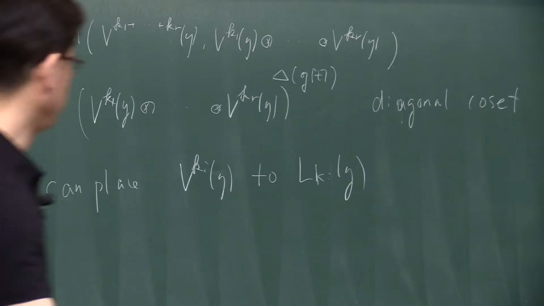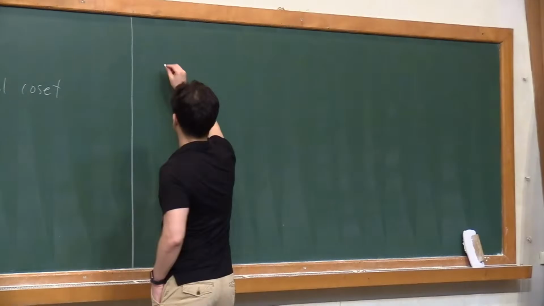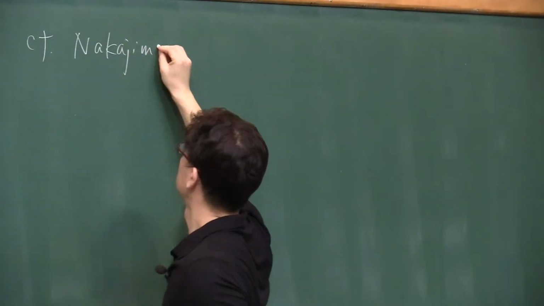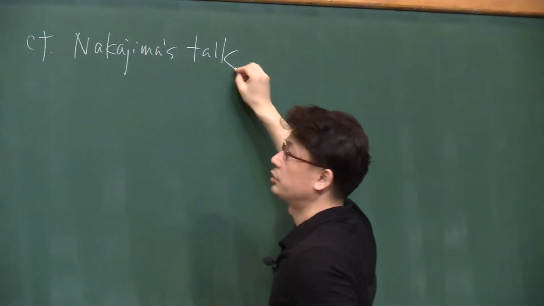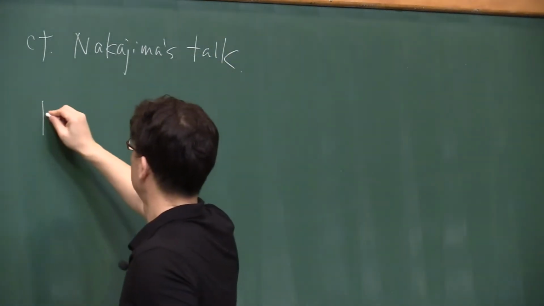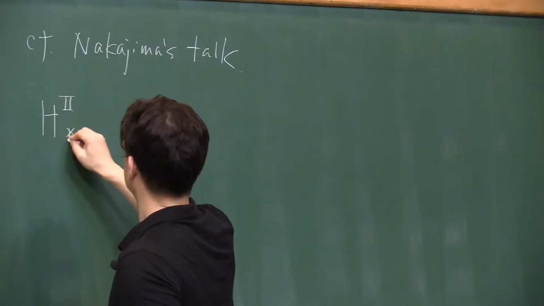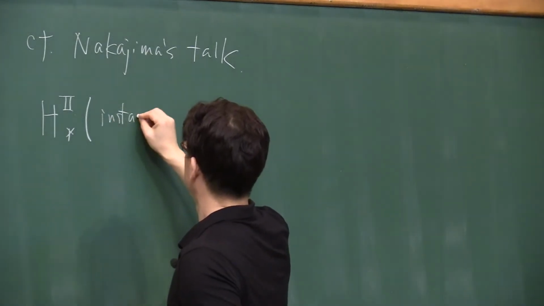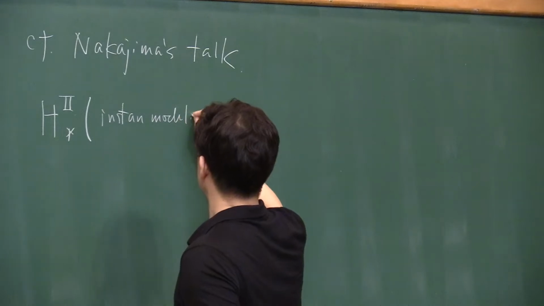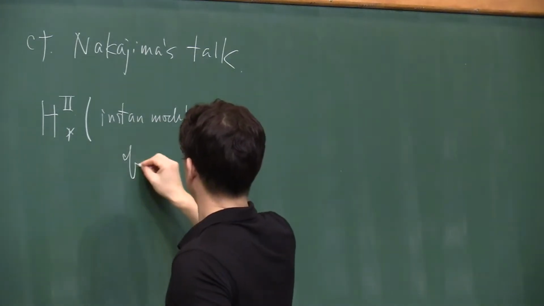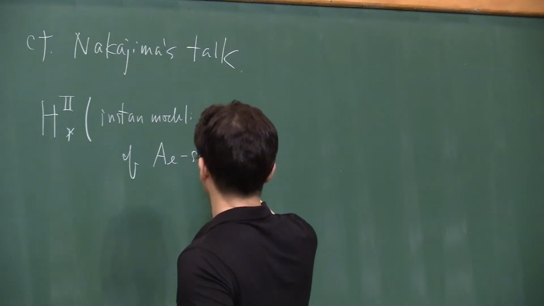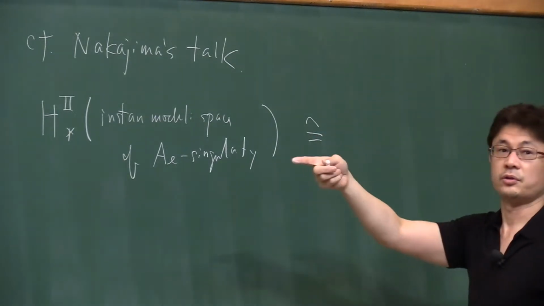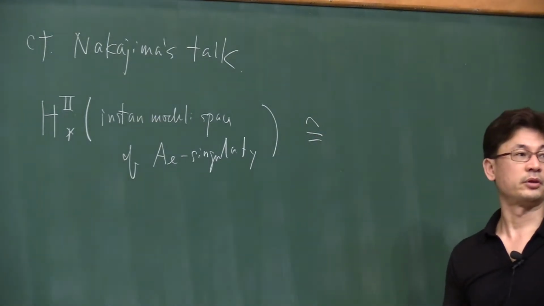And in Nakajima's talk, he conjecturally described the equivariant homology of the instanton moduli space of an ALE singularity as a certain space associated with an affine representation of the affine Kac-Moody algebra.